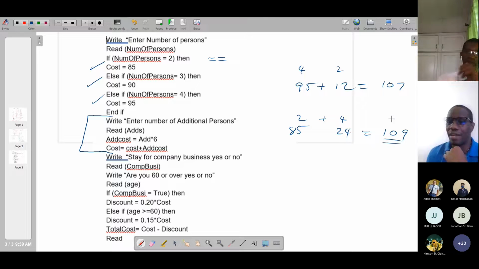So we have a little price discrepancy here that, based upon the sequencing of our algorithm, is not quite correct.